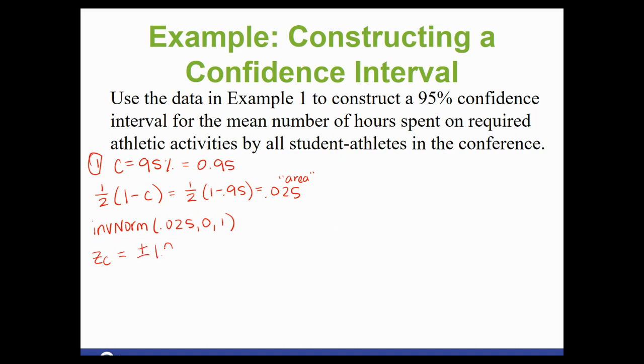Both the positive and negative of that number, which rounds to 1.9600. For the purpose of all of our PowerPoints, I am rounding everything to 4 decimals, just in case you're trying to work ahead of me. So 1.9600, rounded to 4, is your critical value.